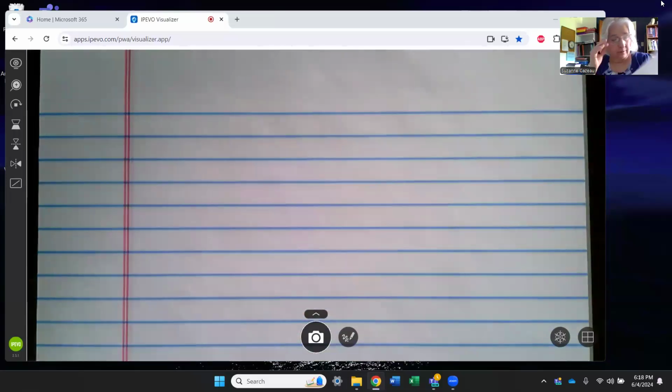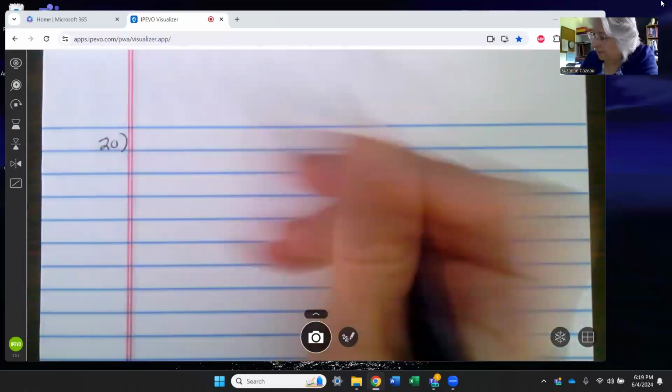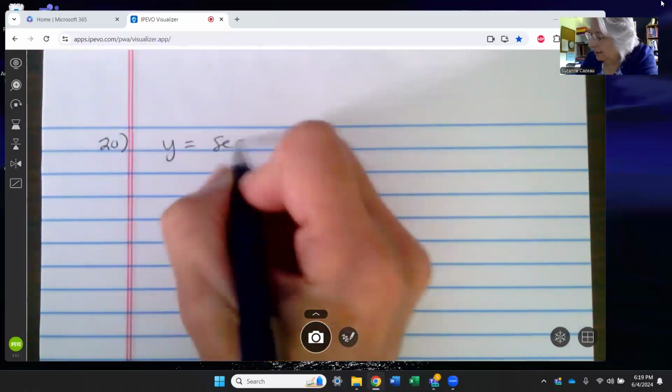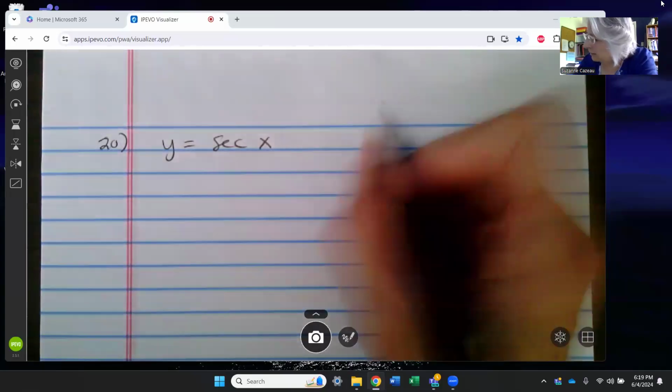Number 20. Oh, this one. Okay, so they want y equals secant x. So I got to tell you, the secant is the reciprocal of cosine, right?